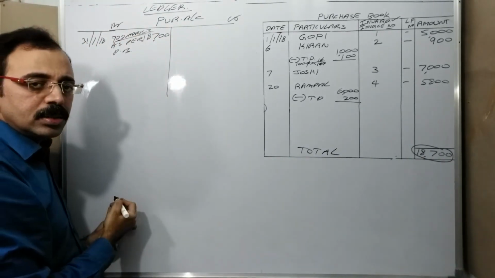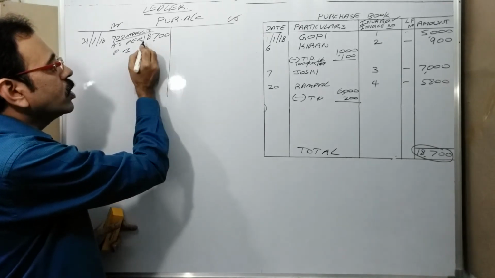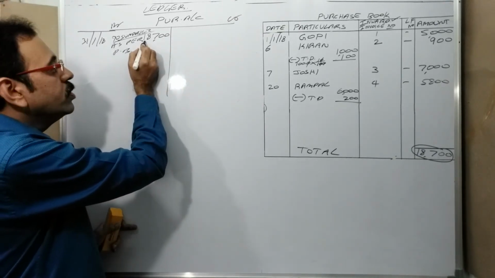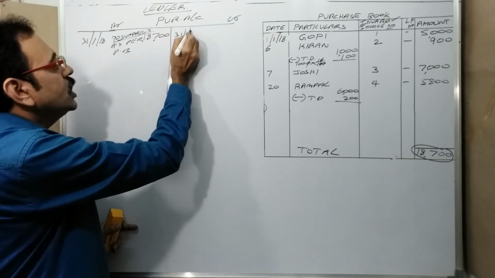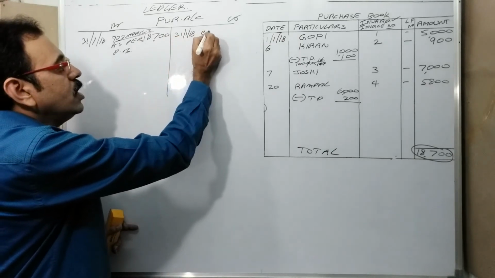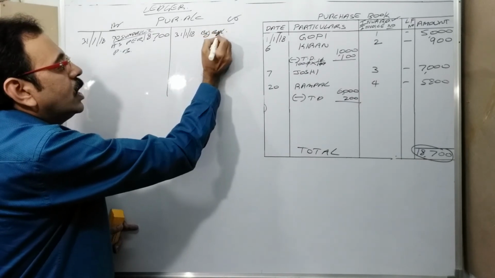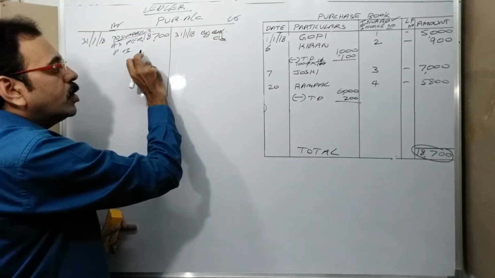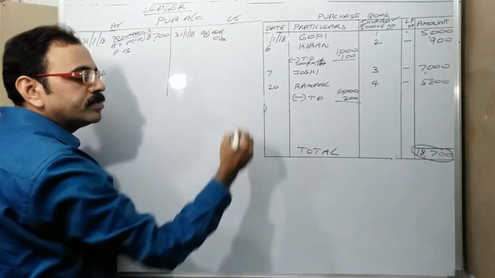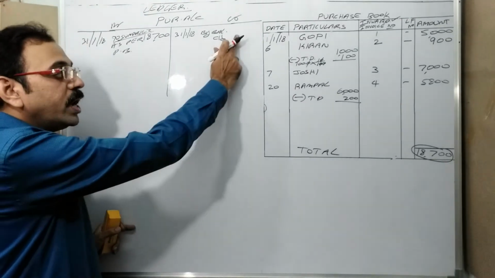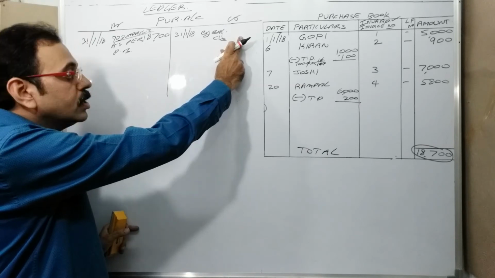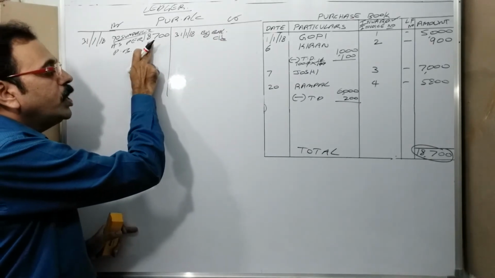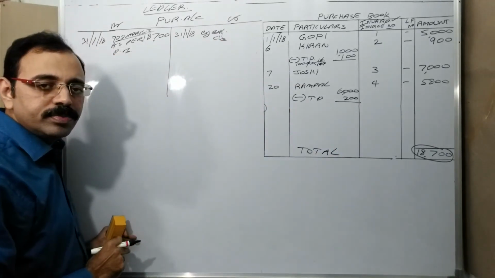Balance it. Which side's total is more? The debit side total is more. Therefore, on the credit side, on 31st January 2018, by balance carried down: debit total minus credit total. And before writing the balance, remember one more point. On the debit side, we wrote the credit purchase value.